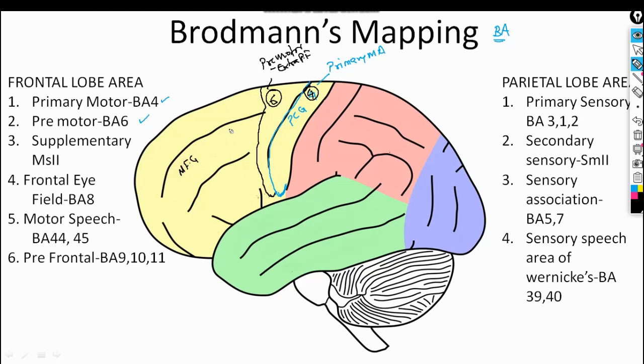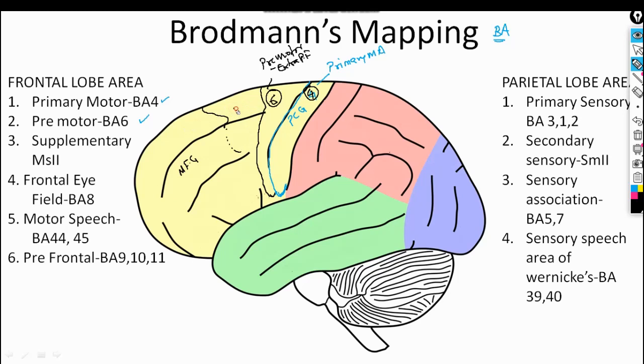On the posterior aspect of this middle frontal gyrus, this region is for the frontal eye field, Brodmann's area number 8, and this Brodmann's area number 8 further involves the superior frontal gyrus here.